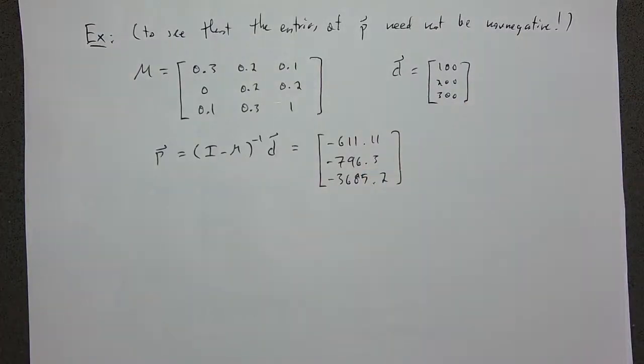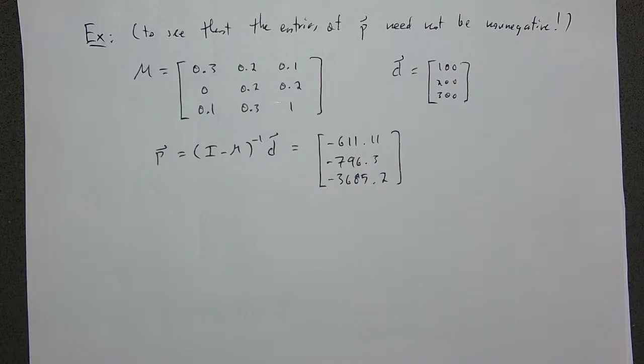All right, now considering that this is supposed to be telling me what I should set my production at for each of these units or each of these products, what is this telling me? The fact that these are negative, right? That doesn't really seem to make sense, based on how we have set up this problem, what we're supposed to be modeling here.